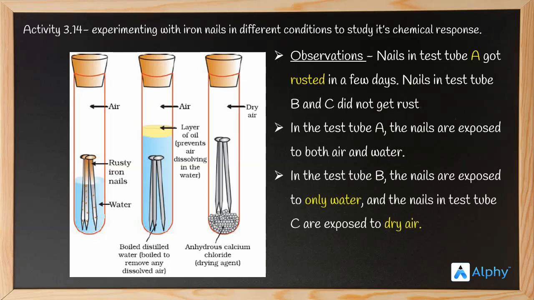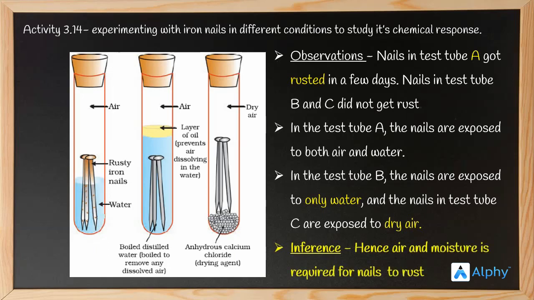So test tube A, the setup where the nails were exposed to both air and water, got rusted, right? So that is the inference of this experiment: air and moisture are required for nails to rust.